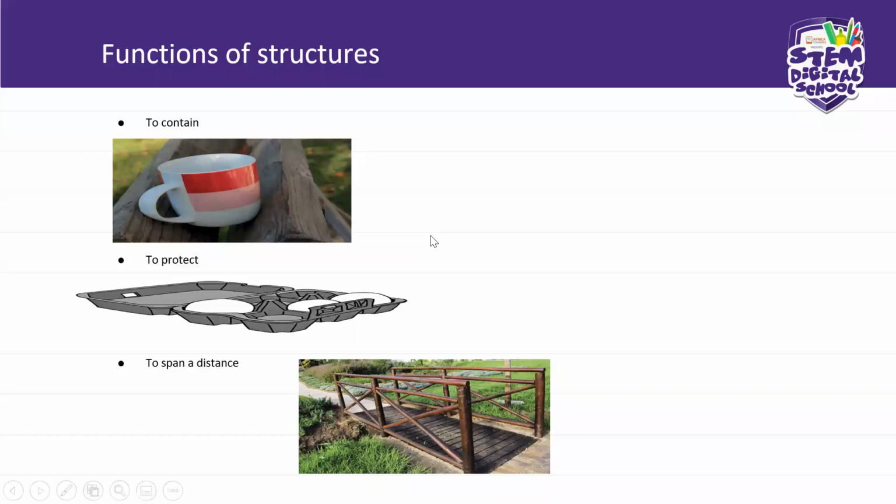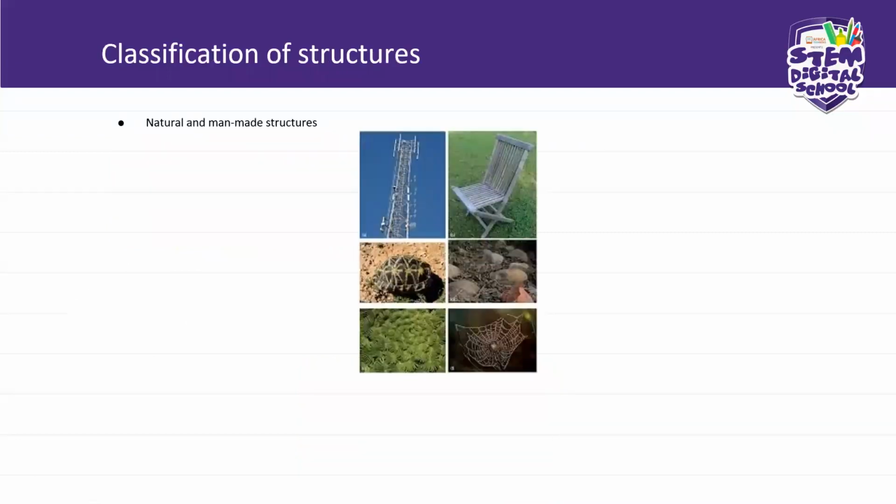And also, we have natural and man-made structures. We know we have to design our structures. For man-made structures, we have to design. So this is a man-made structure, and this also is a man-made structure.